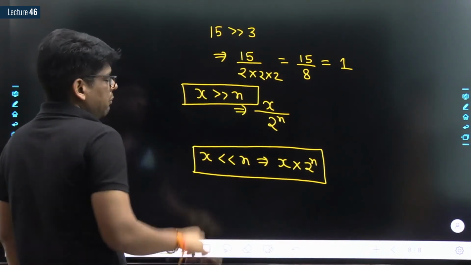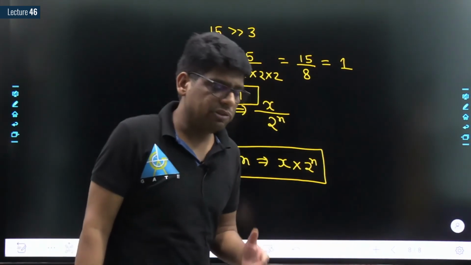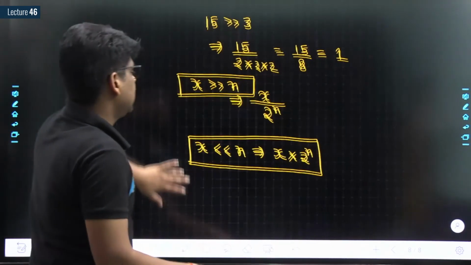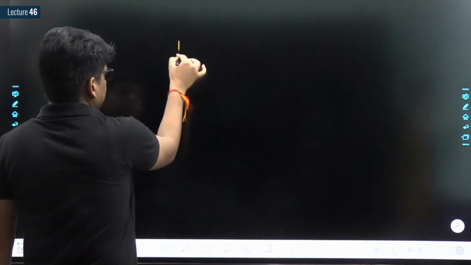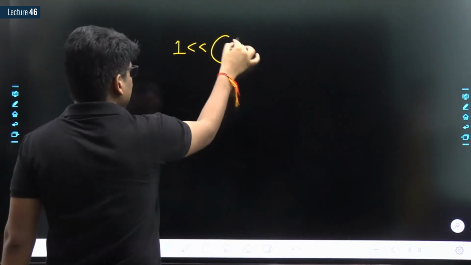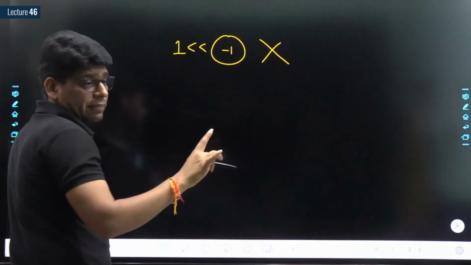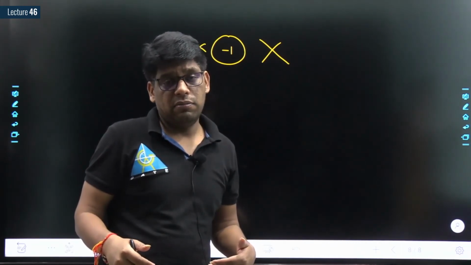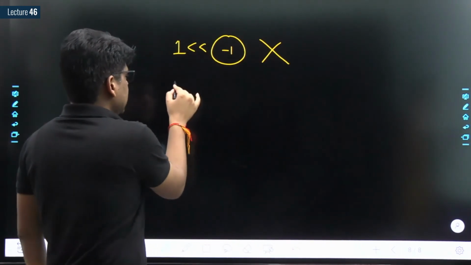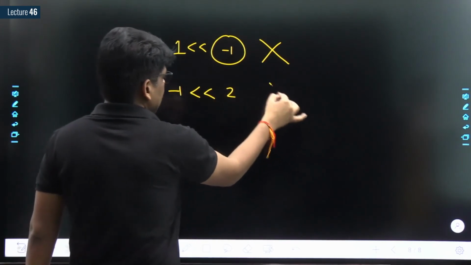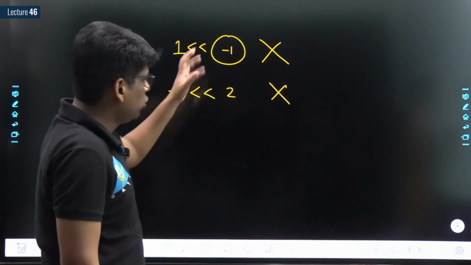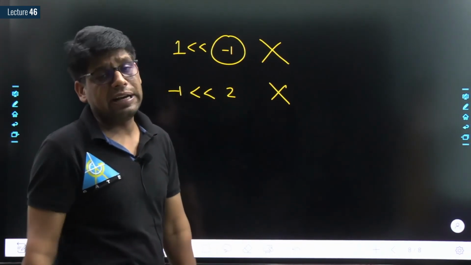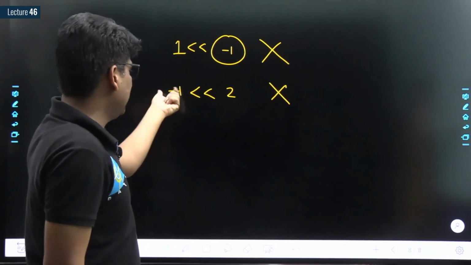Can we perform left shift and right shift on a negative number? Yes, we can perform it, but the result is completely undefined. Don't ever try that. Can we shift a negative number of times? No, don't try. The behavior is undefined. As per the C standard, the result is undefined on negative numbers.